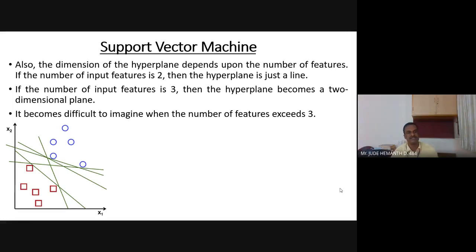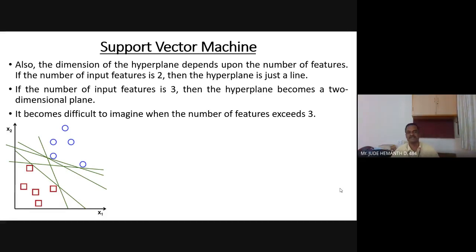Now you can see 2 features are there, and the green color lines, they are hypotheses. In this diagram, you can find 5 lines. All the 5 lines, the beauty is, are able to classify circles under one category and squares under another category.